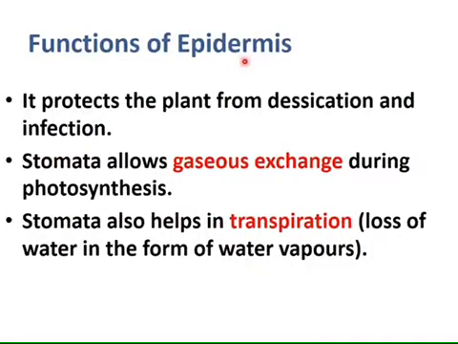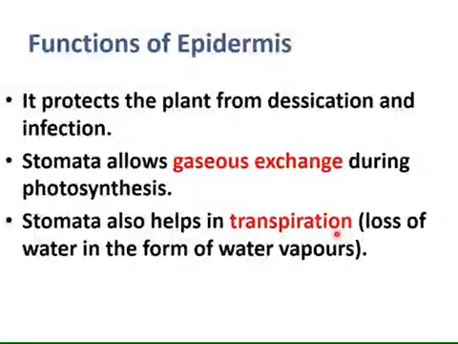Now second, I have given you the functions of stomata also. Why? Because stomata are parts of epidermis and we are studying here the functions of epidermis. So it is one and the same thing. The first function of stomata is that it allows gaseous exchange during photosynthesis. You might be knowing that during photosynthesis exchange of gases takes place.